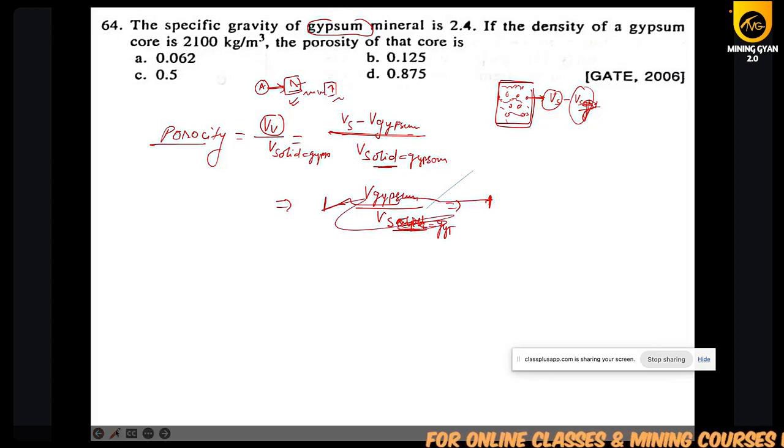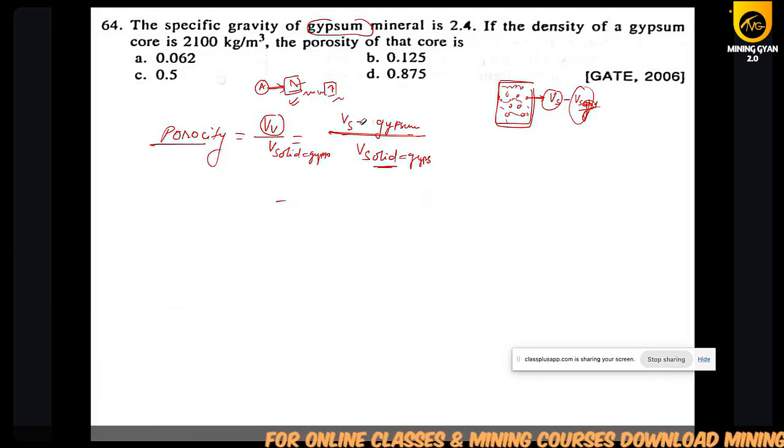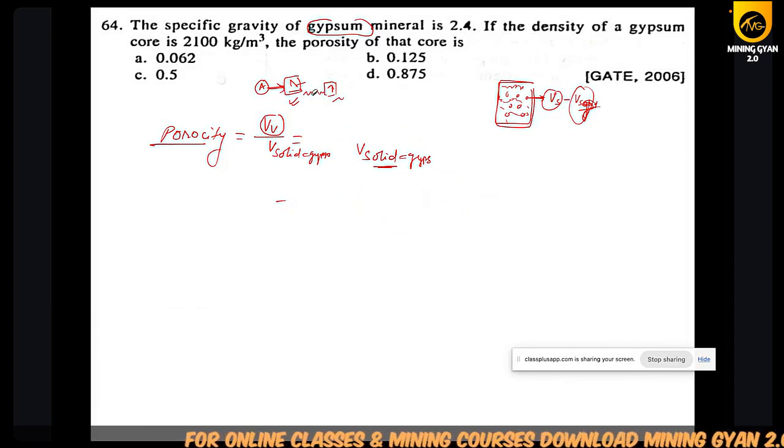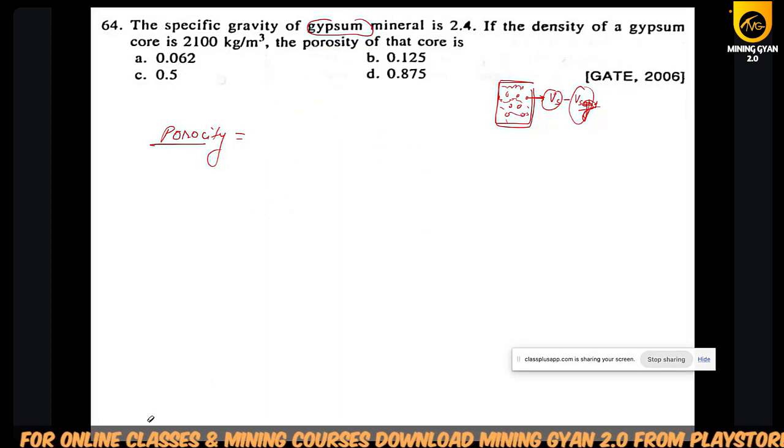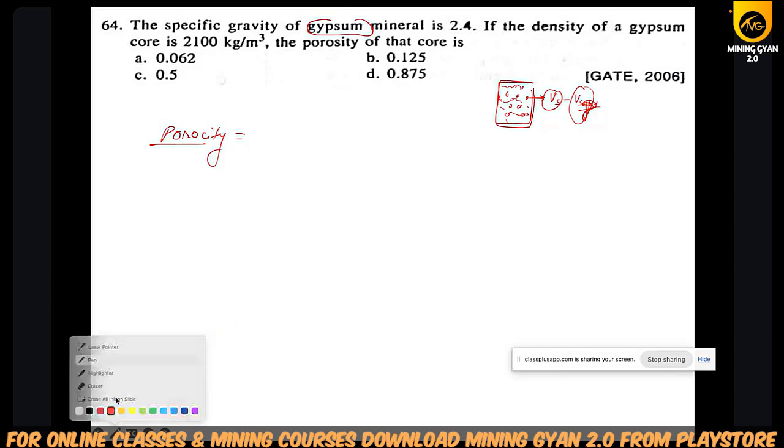I have made some mistakes. Let's start from the beginning so there is no confusion. What was the formula? Volume of void divided by volume of solid, that is gypsum.